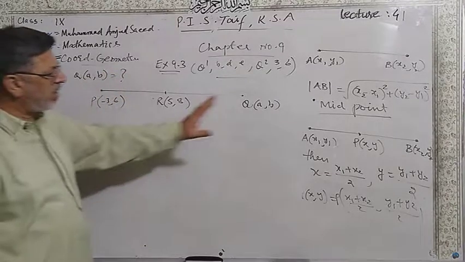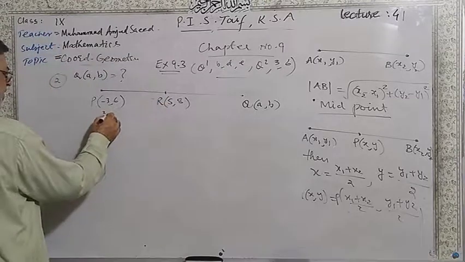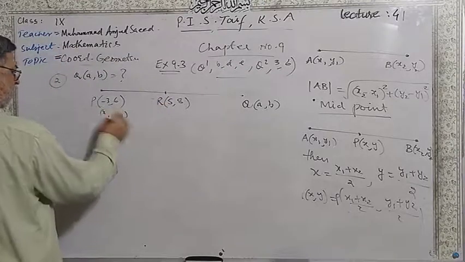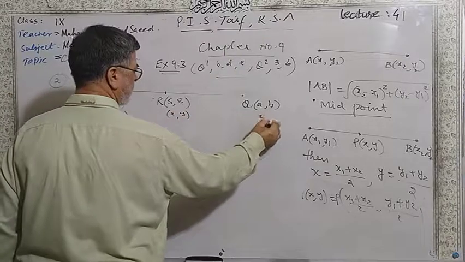So, according to the formula, if this is the midpoint, suppose this is x1 and y1, here was x and y, here was x2 and y2.